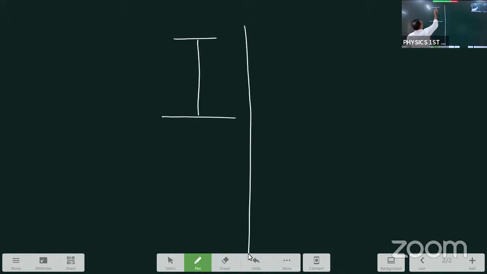Suppose a body is at a height, at A, at B, and at C. This is the third point. Now, you see, suppose a certain height, how much height is it? It is a height of H.